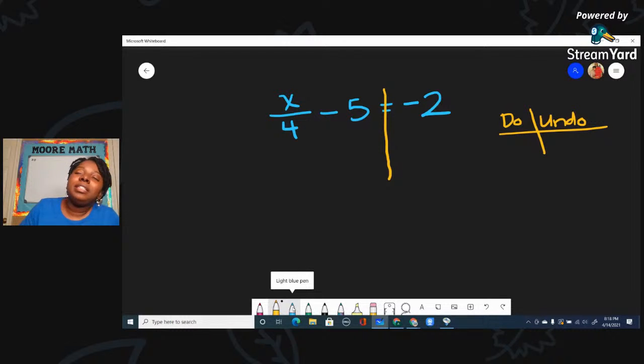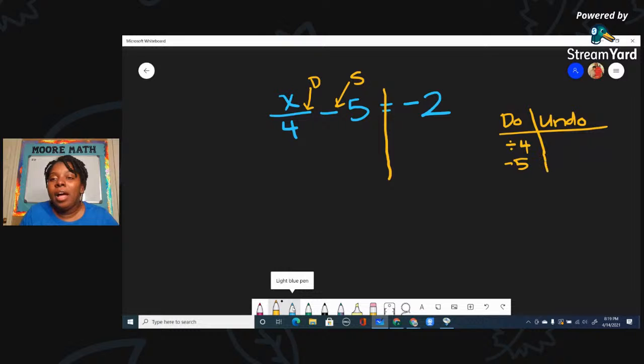So what is the first thing that's happening to the x? If x was 8, what is the first thing we would do to it? Well, the first thing we would do is divide it by 4. And the second thing we would do after we got that answer is subtract 5.